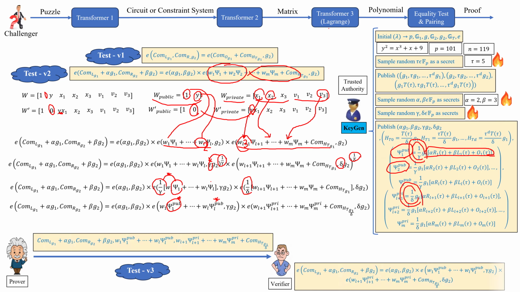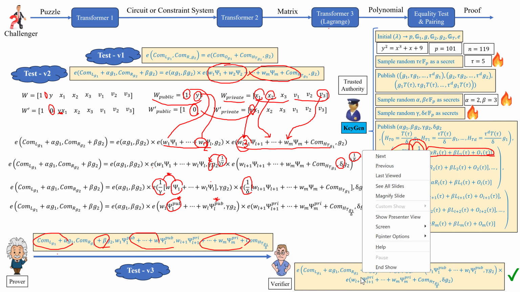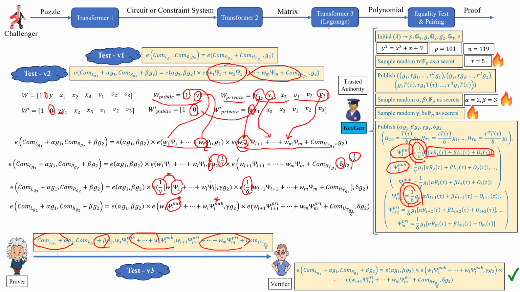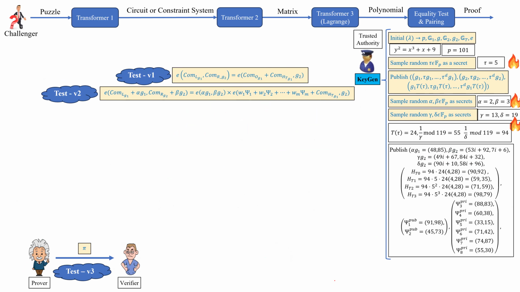Okay, now test version 3 is based on this formula. The prover needs to compute these values, and then these values, and then these values, and then these values, and send them to the verifier, and the verifier will check this test, and if it passes, the verifier is convinced. Okay, so let's see. So the new SRS value is also computed.